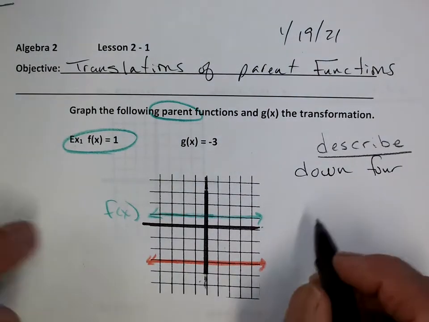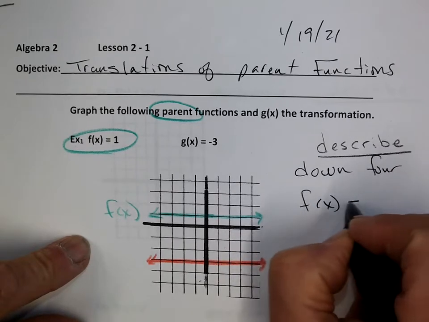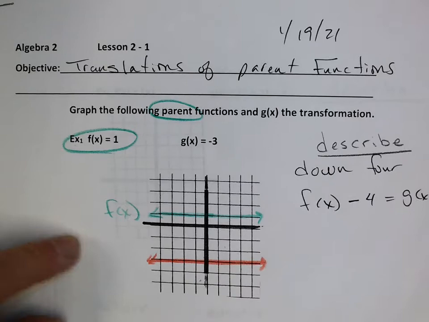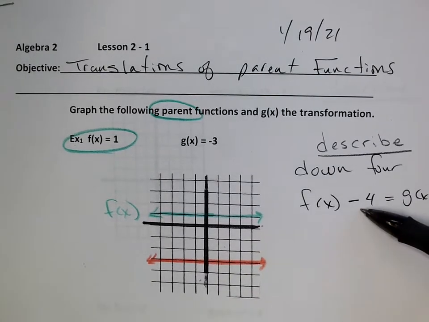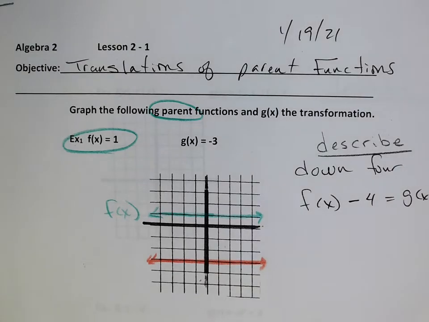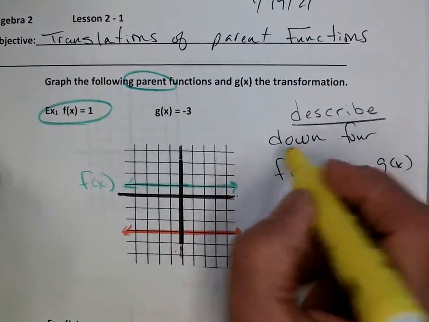Mathematically, what happened was we took f of x, we went down 4 to make g of x. We took f of x and we went down 1, 2, 3, 4 to make g of x. That's a better description. I don't mind the words, but eventually we're going to have to start using the formula, okay?